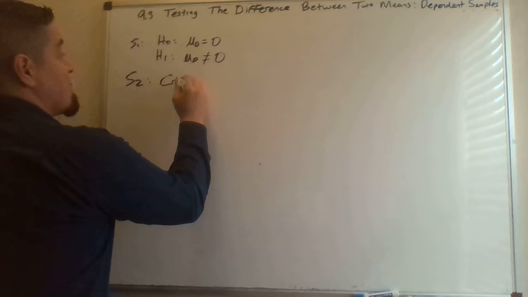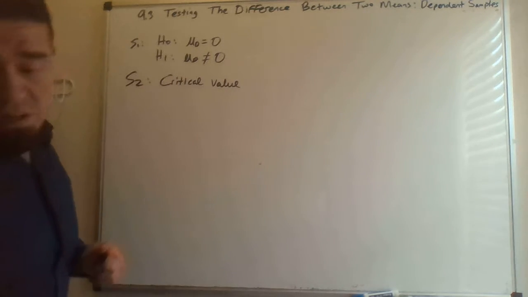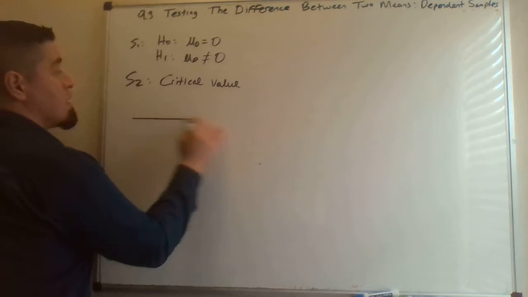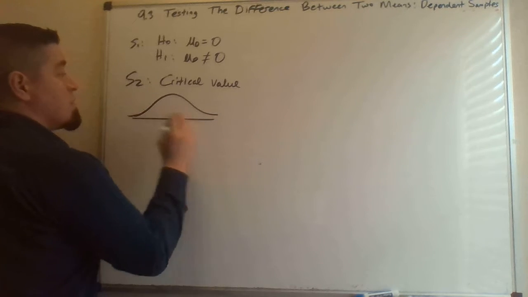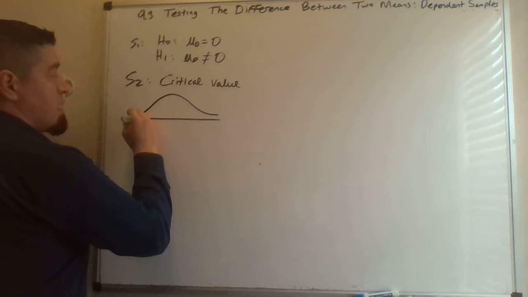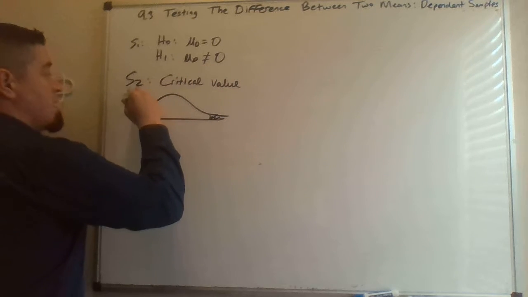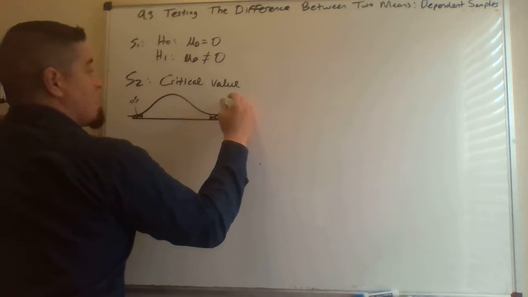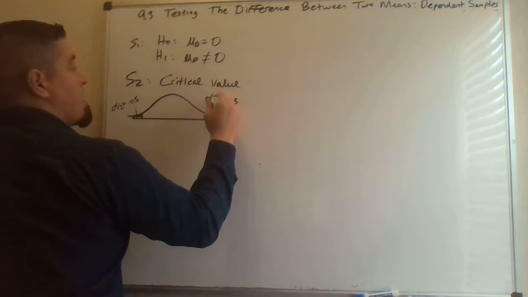So the critical value for this, we find it the same way we found the critical value in all our previous sections. In this case, it's a critical t-value, because we have 2 samples. We're going to do the two-tailed test, because it's not equal, like we said, and since alpha is 0.10, our alpha over 2 is 0.05.